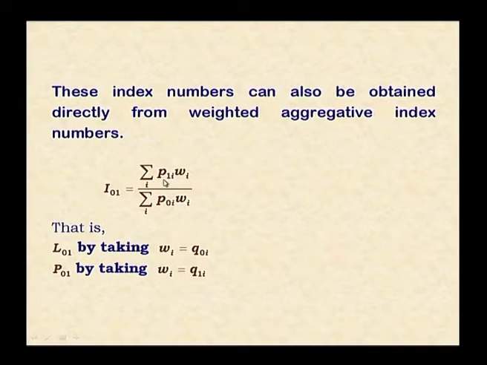As we know, P1i is the price of the ith commodity in the current year, whereas P0i is the price of the ith commodity in the base year. So, here for the Laspeyres method, if I take Wi equal to Q0i, it gives me the Laspeyres formula of index number, and when I take the value of Wi as Q1i, we see that it gives me Paasche's index number.